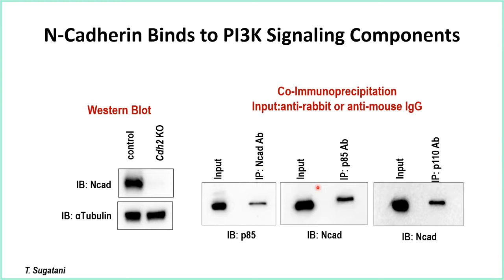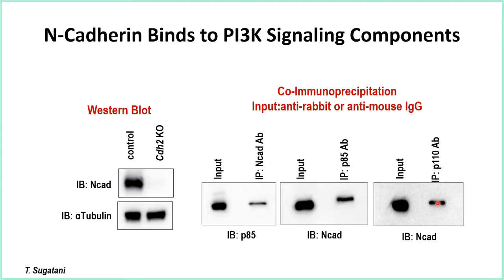So Toshi, who's done most of this work, also used co-immunoprecipitation to test the interaction between N-cadherin and P85 as a key component of PI3 kinase. As you can see here, there is evidence of interaction between P85 and N-cad, using N-cadherin antibodies for immunoprecipitation and the P85 antibody for Western blot, and doing the reverse, you see the same result.